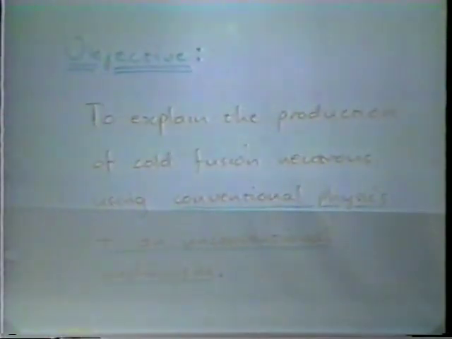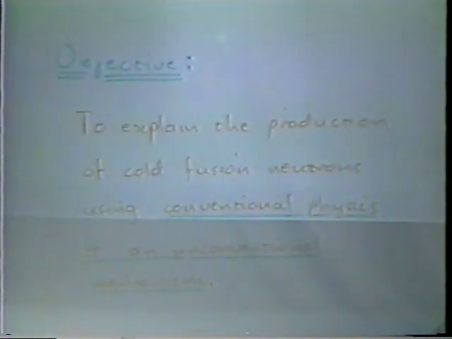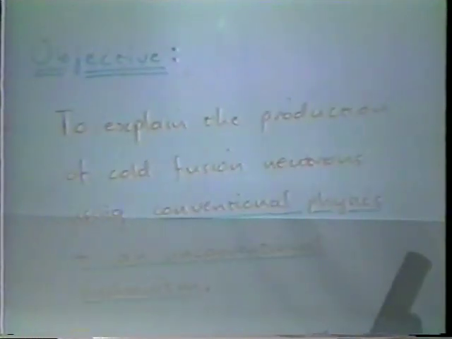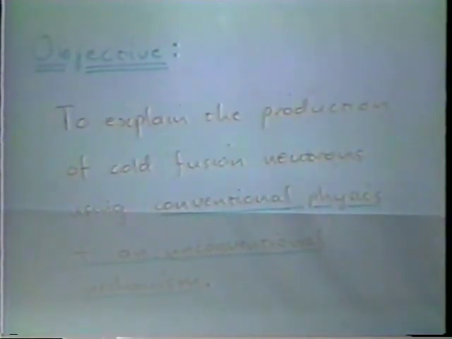The objective is to explain the production of cold fusion neutrons within the context of conventional physics, coupled with some unconventional process. The particular process that we had in mind was the collapse of cavities. I believe this has been discussed earlier this afternoon.